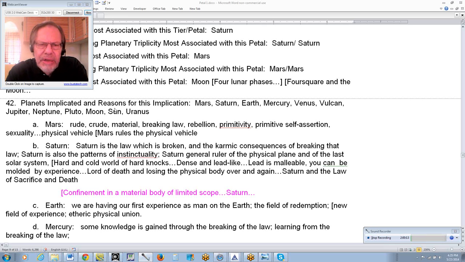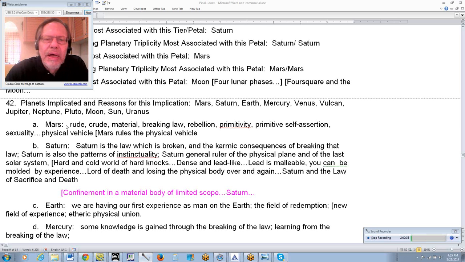Saturn, in its denser aspect. Saturn is the law which is broken, and also the karmic consequences of breaking that law. Interesting that it is the hierarchical ruler and exalted ruler in Libra, the planet of karma. Saturn is also the patterns of instinctuality.